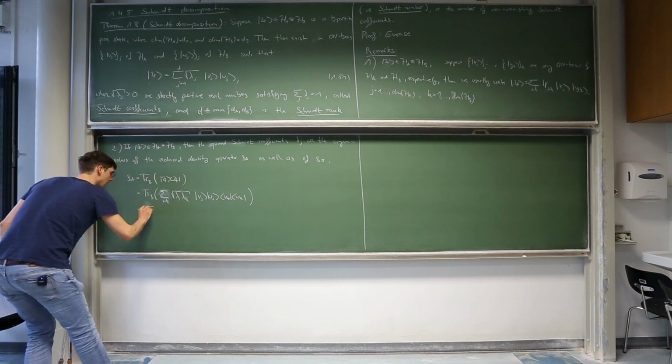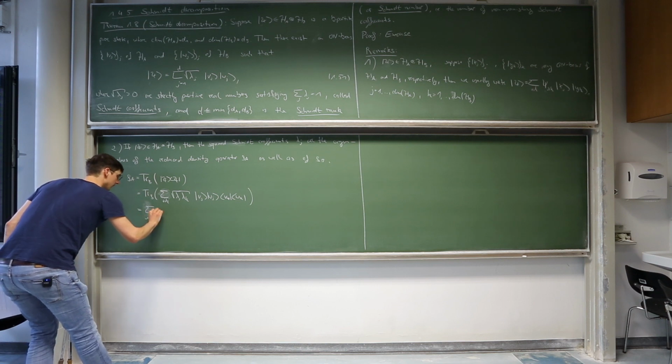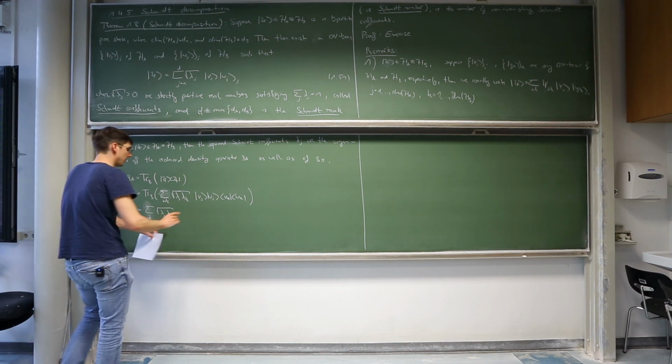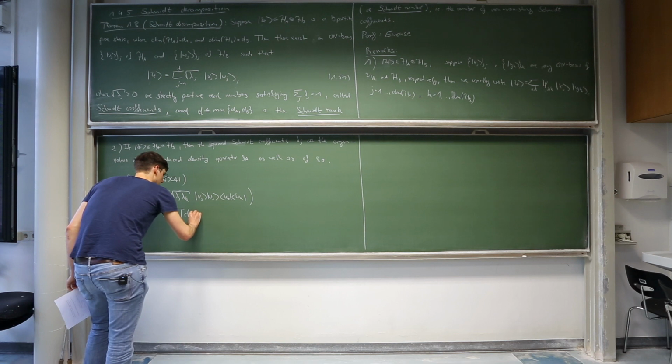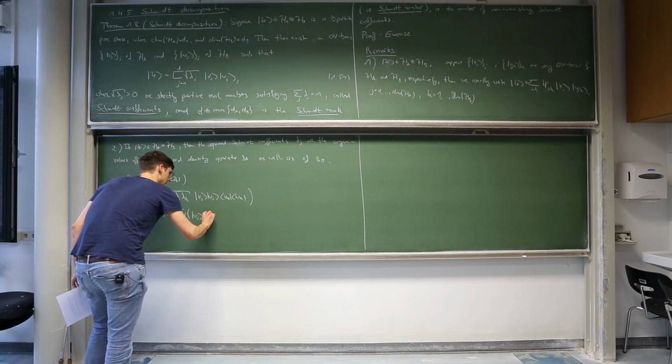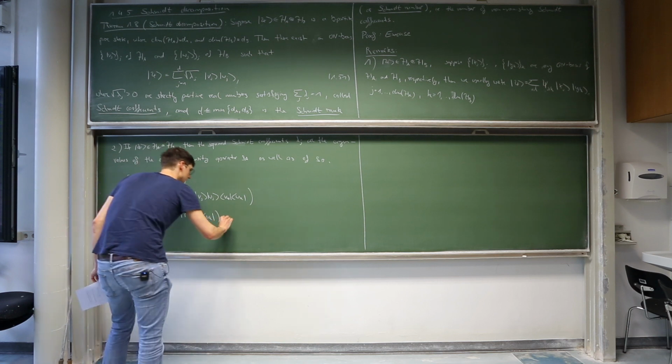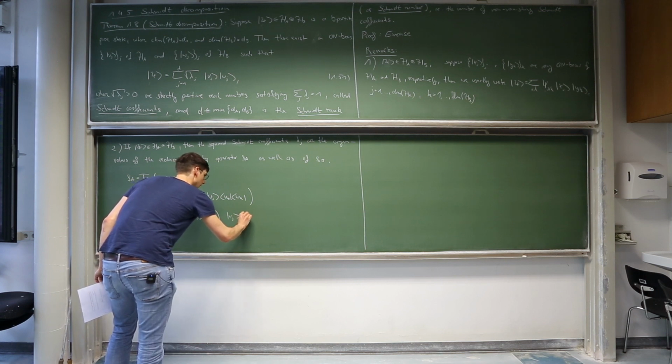So it's the sum over jk, square root lambda j lambda k, and then the trace of wj wk times vj vk.